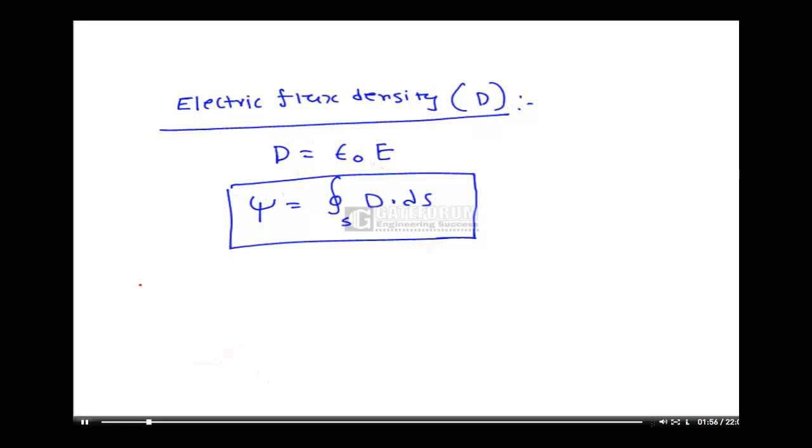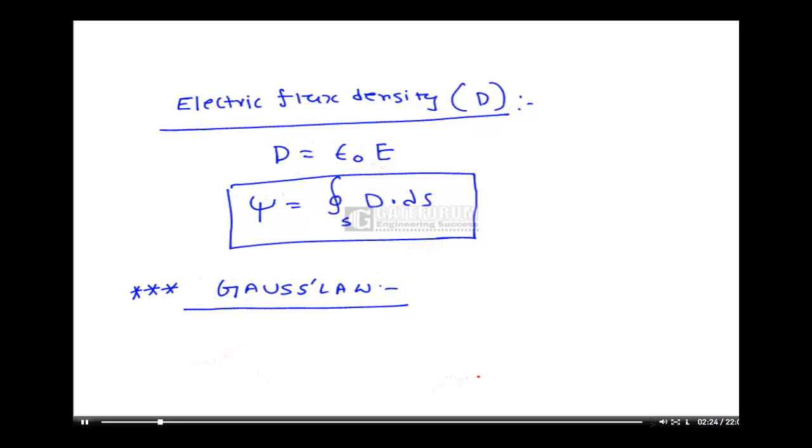Now we will discuss a very important concept, Gauss law. This is one of the fundamental laws of electromagnetism. This Gauss law is useful to derive the first Maxwell's equation.